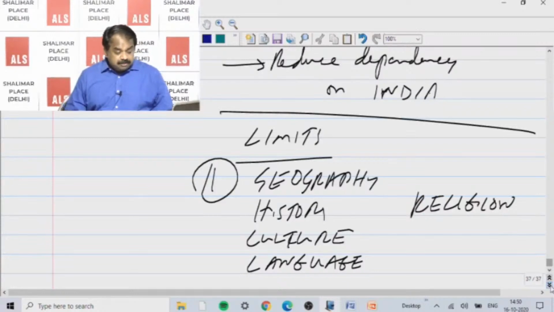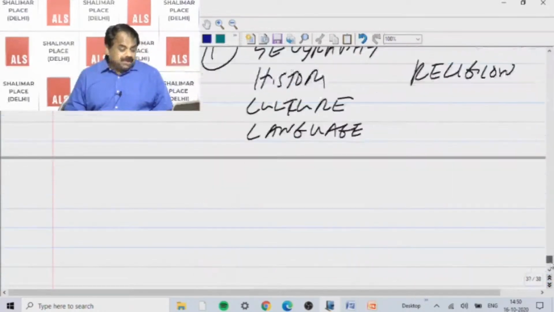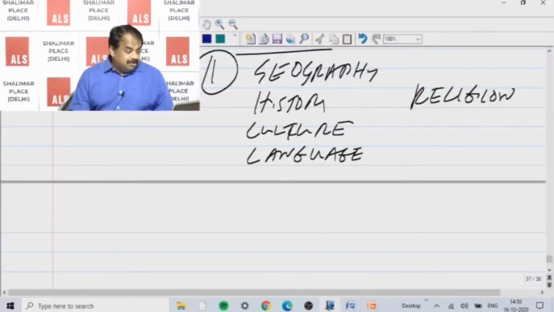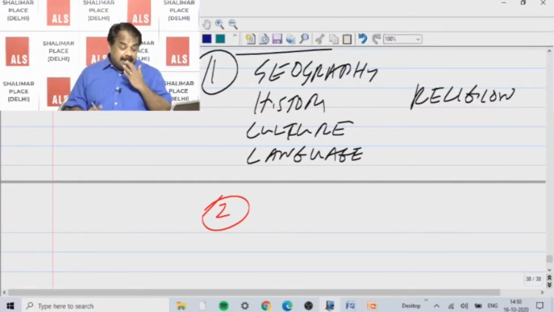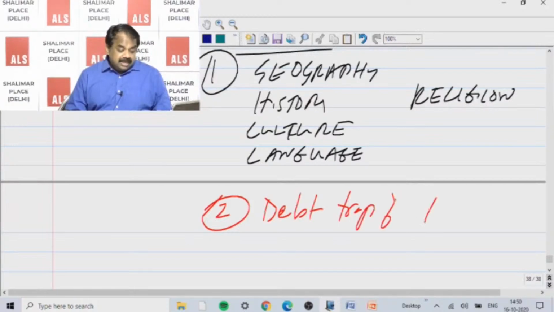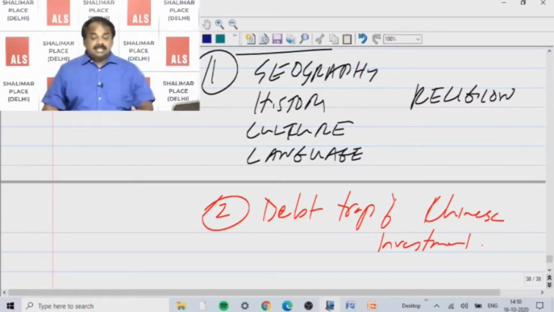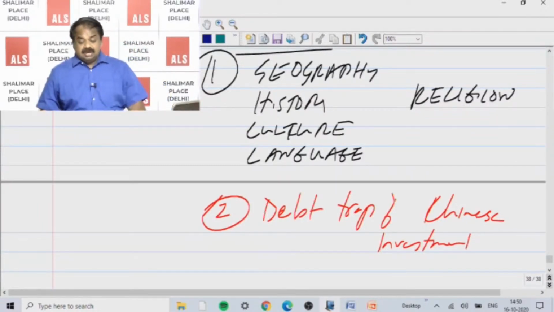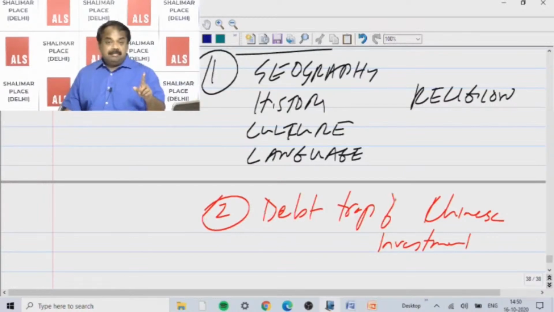Second is, despite all aspects of Chinese investment, a section of Nepal is really concerned about the debt trap of Chinese investment. A substantial section of the intellectuals are also worried about the debt trap in this BRI, Belt and Road Initiative.